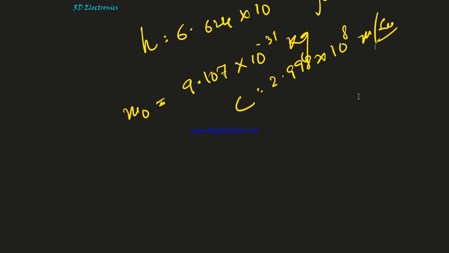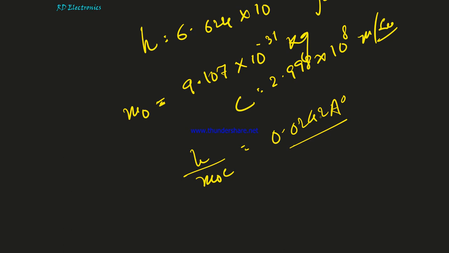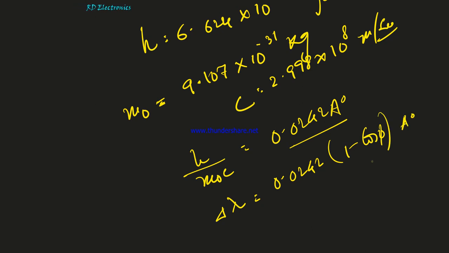When we put these parameters into the formula, we get 0.0242 Angstrom. This is one important parameter, and here delta lambda equals 0.0242 (1 minus cos phi) Angstrom. So this term h by m0 c is very important.